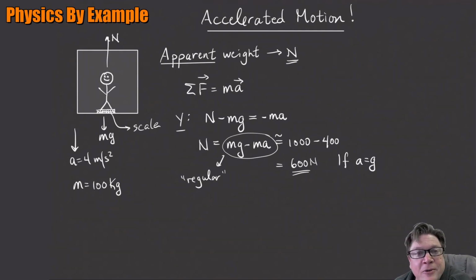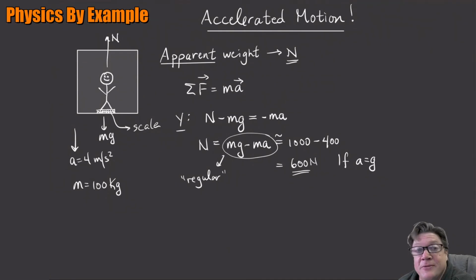And it's not like there's no gravity, right? That's why you're falling really fast. Rather, everything is falling at the same rate: the scale, the elevator, you inside. So the normal force, the contact force between you and the scale, is going to be 0. You would feel weightless as you fall. And as we'll see later, that's why astronauts feel weightless in orbit. Not because there's no gravity there, but because they're falling. They're constantly falling around the Earth.